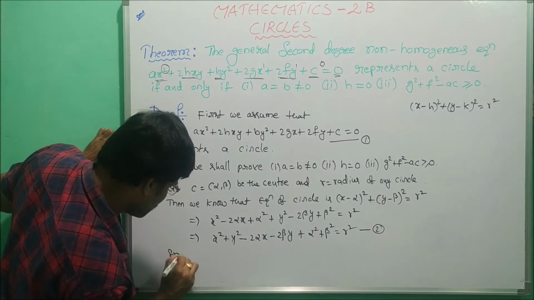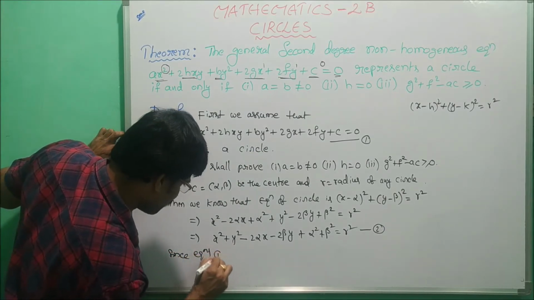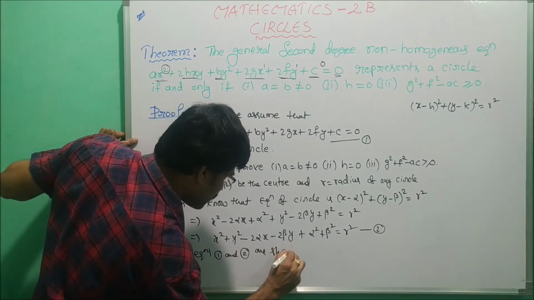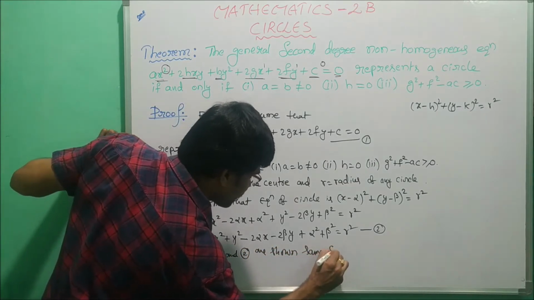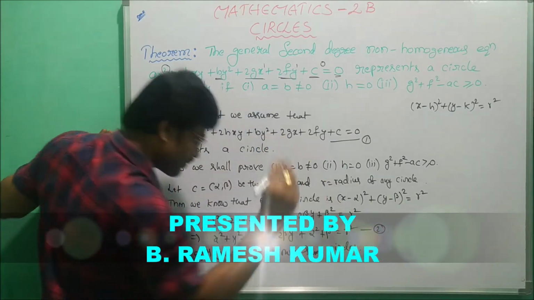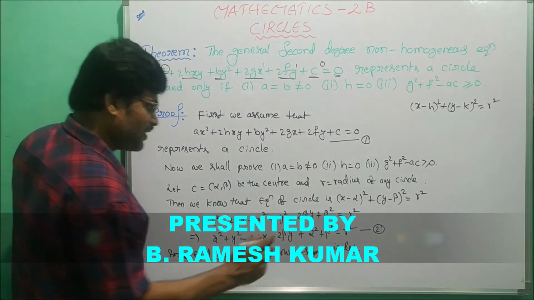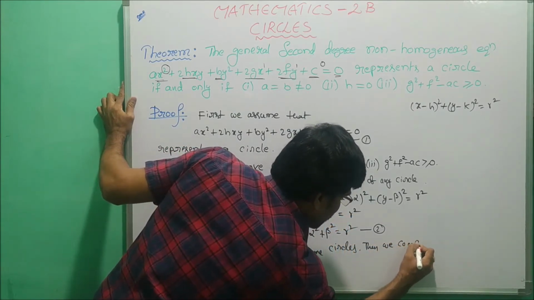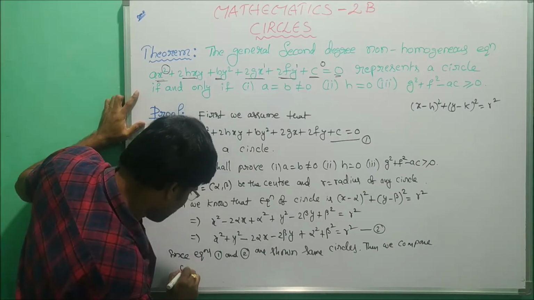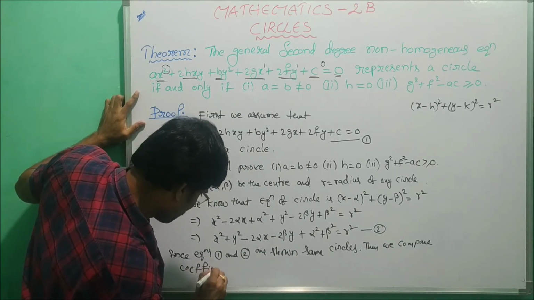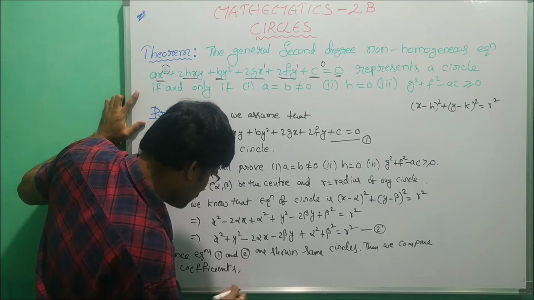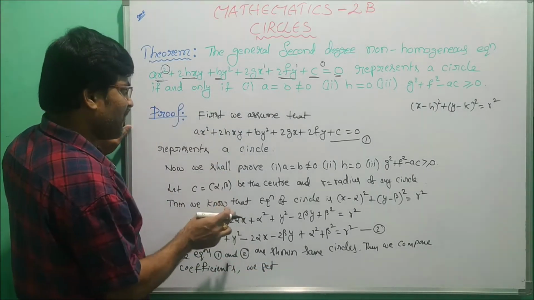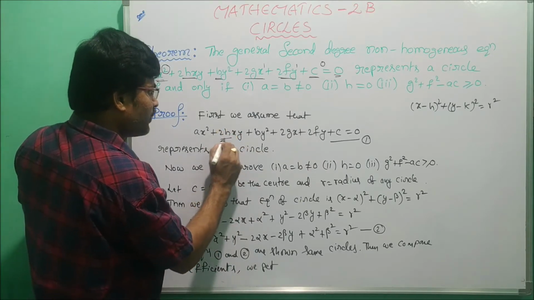Since equations 1 and 2 represent the same circle, we compare coefficients. Here the coefficient of xy is 2h.